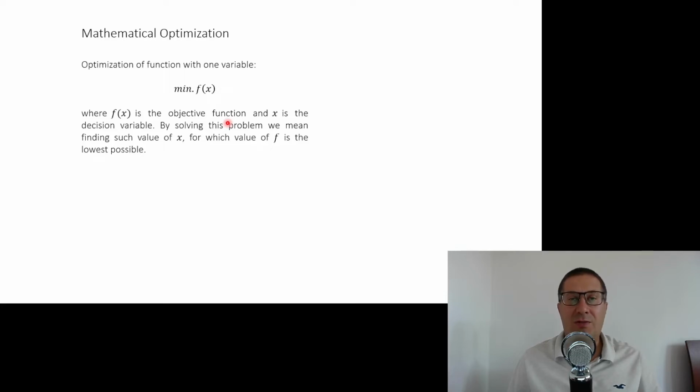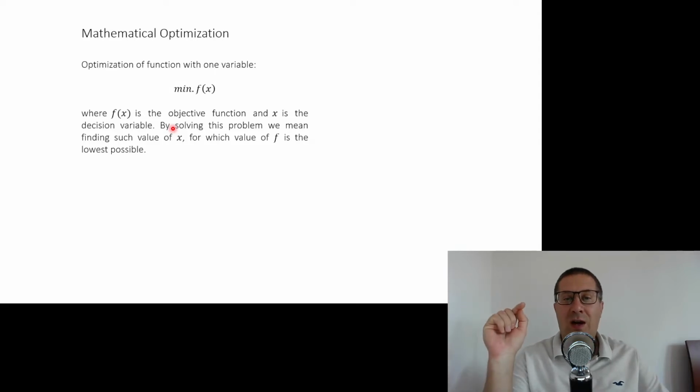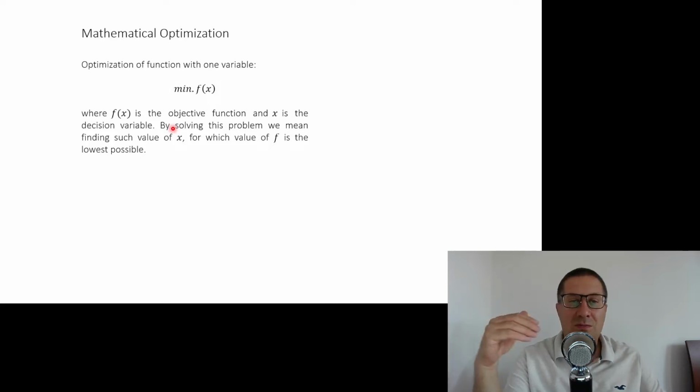We call it the decision variable, so we can decide about the value of this variable. By solving this problem, we mean finding such a value of x for which the value of f is the lowest possible. And we call it the optimal solution.